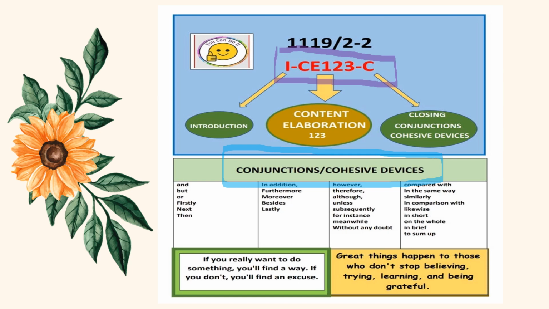So I don't want to trouble my students with too many conjunctions and cohesive devices. I want something for them to start writing and something familiar for them to use in their writing. So you are welcome to add on the conjunctions and also the cohesive devices for your students to use.